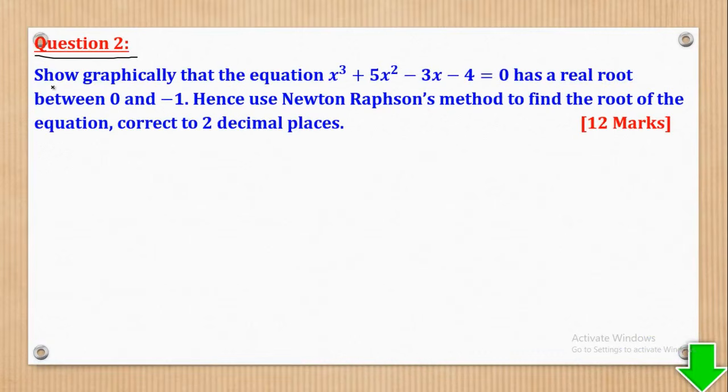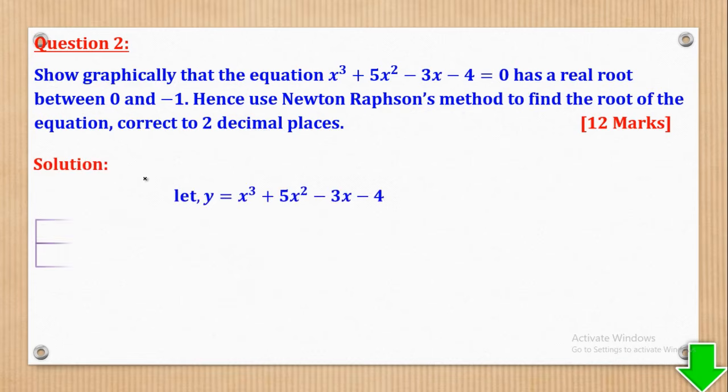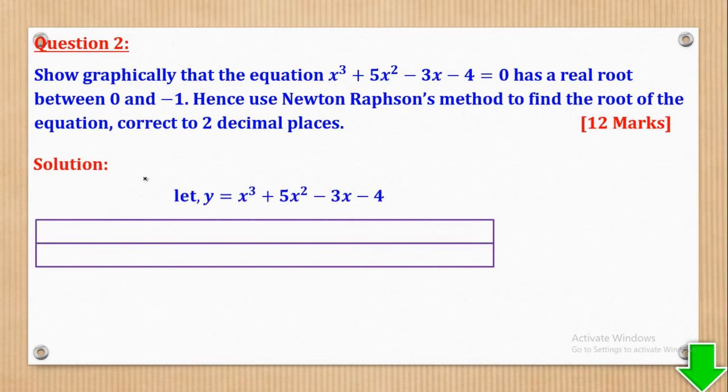Now we shall go to question 2, which says show graphically that the equation has a real root between 0 and -1, and hence use the Newton-Raphson method to find the root of the equation corrected to decimal places. So first we shall tabulate our values of x and y.